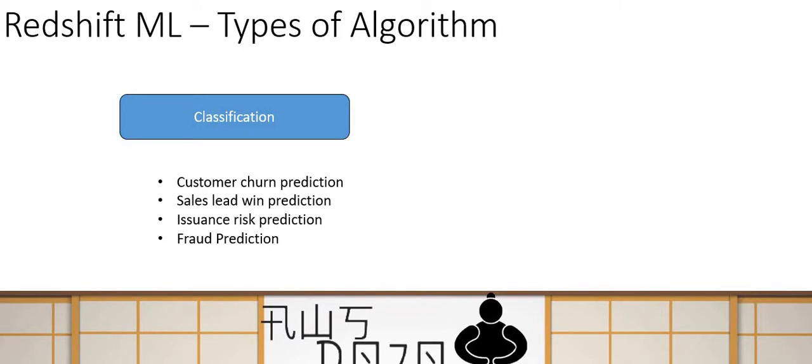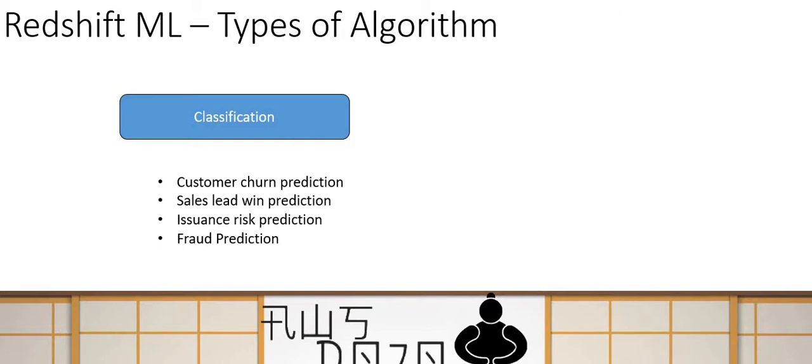Looking at the data, can you tell me what kind of insurance risk you predict, whether it's low risk, medium risk, or high risk? Or looking at the data, can you tell me whether it's a fraud case or non-fraud case? If you have this kind of classification problem, you can solve it using Redshift ML.